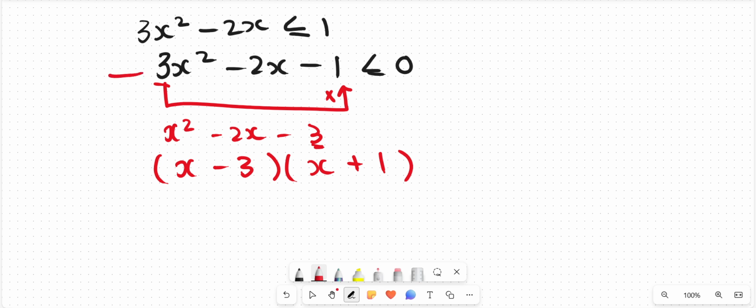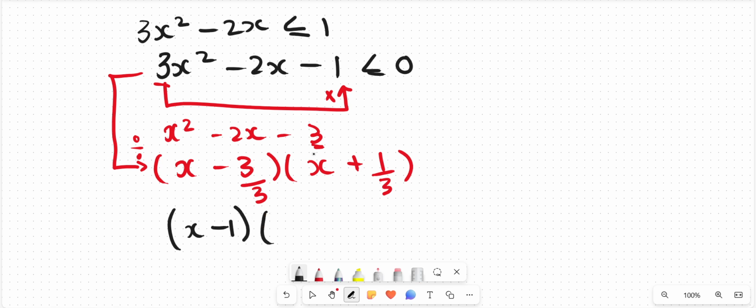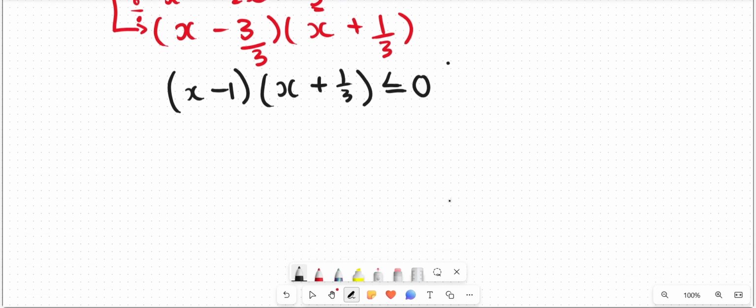But just as much as I multiply with the 3, I need to come back and divide the factors by the same 3. So I end up with these brackets here. I end up with an x minus 1 in one of the brackets. In the other bracket, I can leave it as an x plus 1 over 3. So this is how it looks factorized.